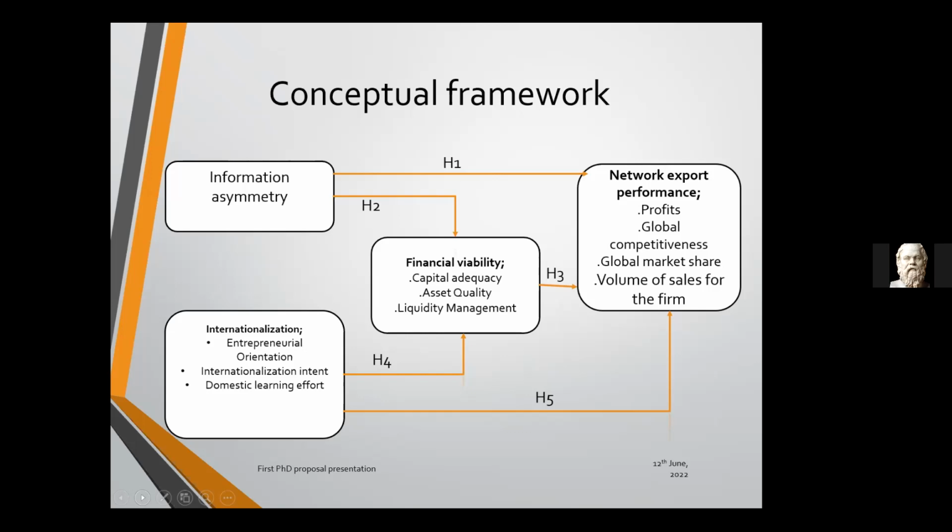Now your conceptualization, if you had bothered to read literature and do a systematic literature review, you would have discovered that this network export performance has 5 components. Majorly, most of the scholars actually agree that these are the things that constitute network export performance. For example, the first component will be the overall export venture performance.